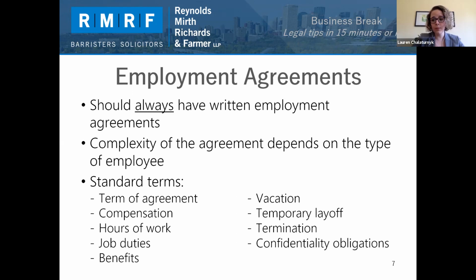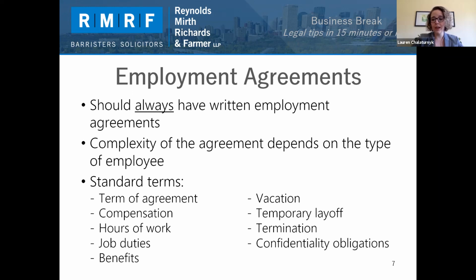Some of the standard terms that we often recommend including in employment agreements, some of them are obvious, but things like how long is the agreement? Is it for a fixed term, so for a year, or is it for an indefinite term? Compensation, hours of work, that can include things like overtime as well. Job duties, whether they're receiving benefits and what those benefits are.